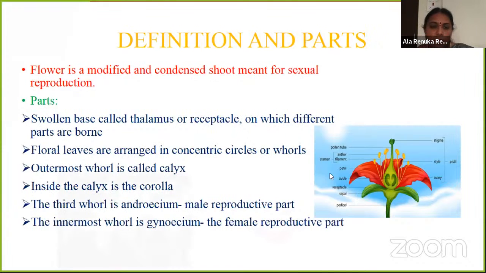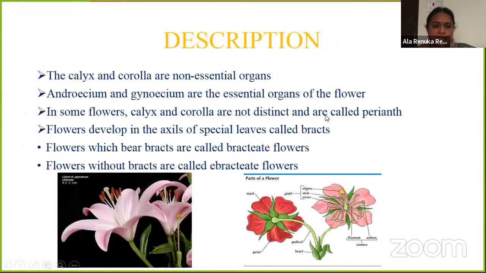Okay. Then, we have discussed there are four whorls. The outermost whorl is calyx, next to it is corolla, then androecium, then gynoecium. The calyx and corolla are called non-essential organs. Why are they called non-essential? Because the main purpose of the flower is sexual reproduction, and calyx and corolla are not directly involved in sexual reproduction, but they help in the process.